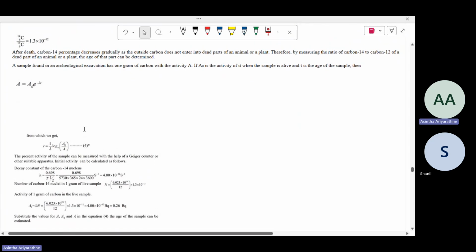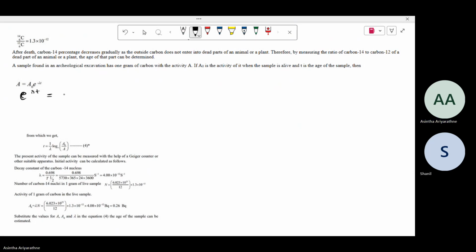Right? So A is equal to A naught, so we have this expression, e to the power lambda t is equal to A naught over A. So lambda t is equal to ln A naught over A, taking the natural logarithm.